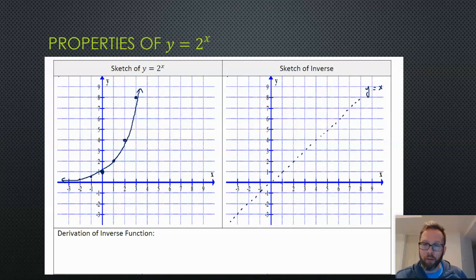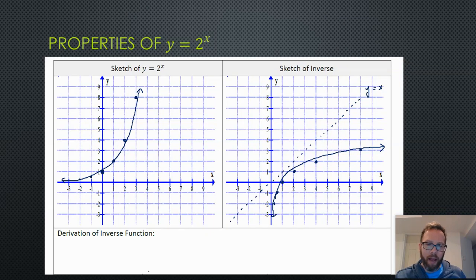So (0, 1) goes to (1, 0), (1, 2) goes to (2, 1), (2, 4) goes to (4, 2), (3, 8) goes to (8, 3). We can even go negative: (-1, 1/2) goes to (1/2, -1), and then (-2, 1/4) goes to (1/4, -2). We get the graph of the inverse. Right shape, missed a few points there. No big deal.